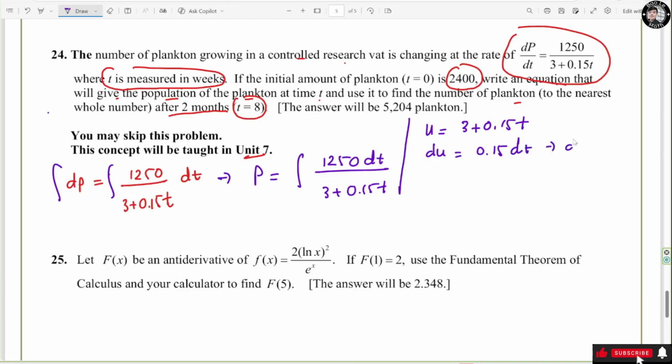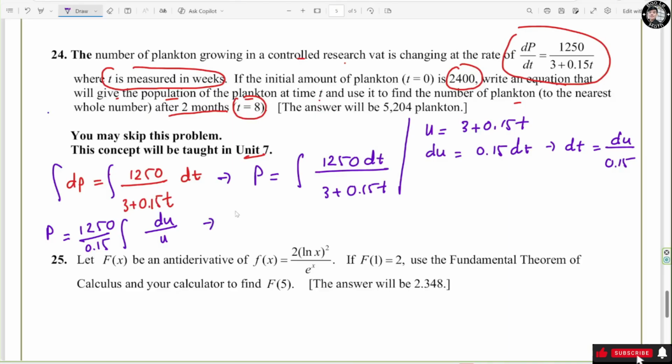So then dt equals du divided by 0.15, right? So I substitute over here, I have P equals 1250 divided by 0.15, the antiderivative of du over u, right?